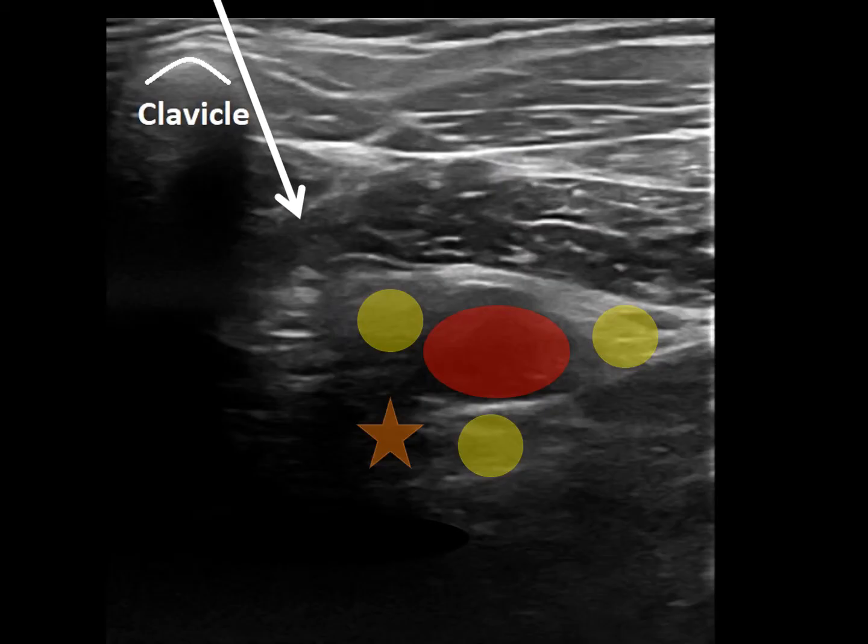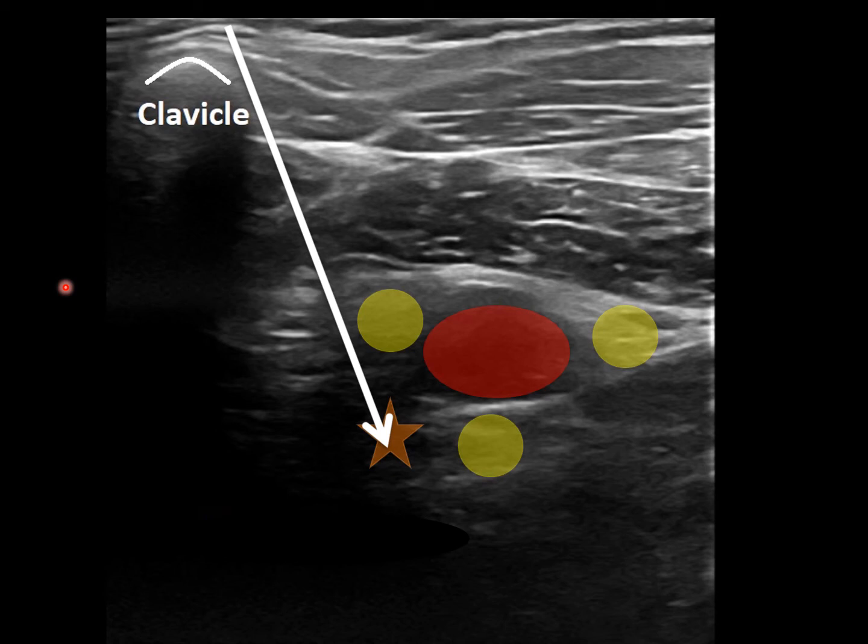This animation shows the ideal trajectory of the needle, sliding just inferior to the border of the clavicle. The target for your needle tip is just deep and caudad to the axillary artery, which is shown as a star here.